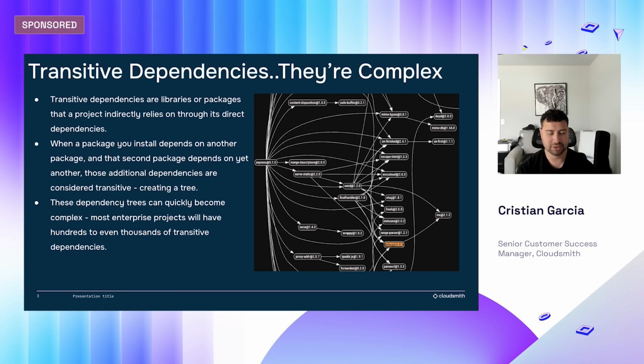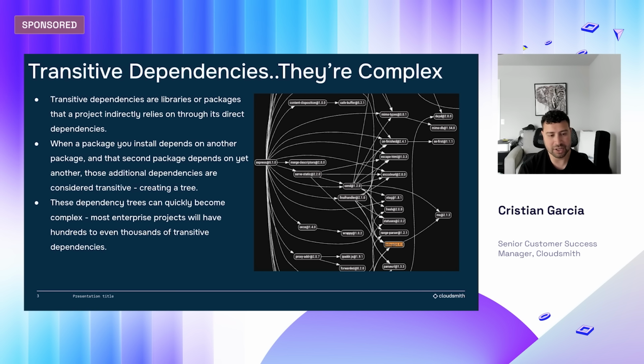That's why they continue to attack NPM registries like that, PyPI as well. We've seen some attacks, but these dependency trees can quickly become complex, and most enterprise projects will have hundreds to even thousands of transitive dependencies. So again, hopefully this illustrates the issue that we're seeing.